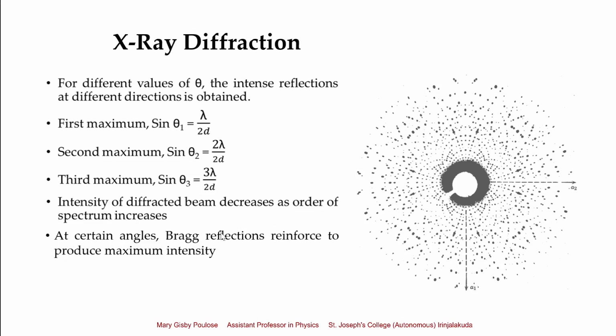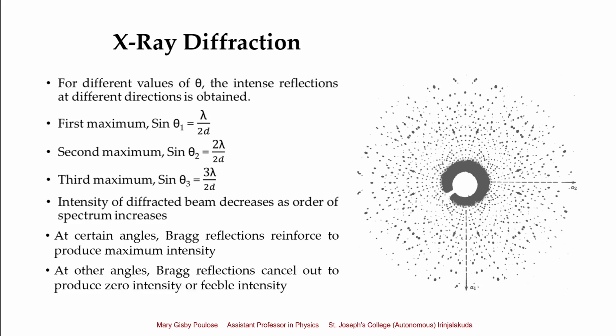Now, at certain angles, the Bragg reflections reinforce to produce a maximum intensity. At these positions, we can see that the diffracted beams are combining together. They are reinforcing together, and there again we get a higher maxima.